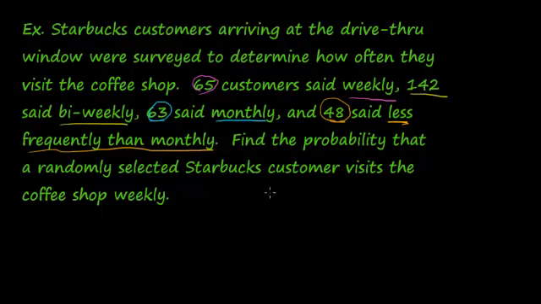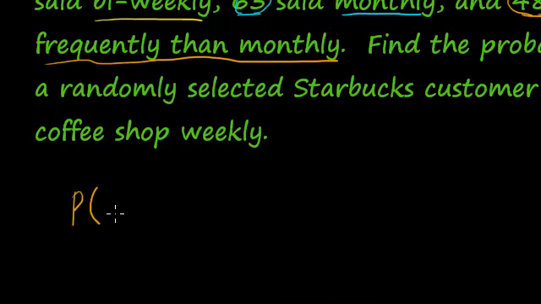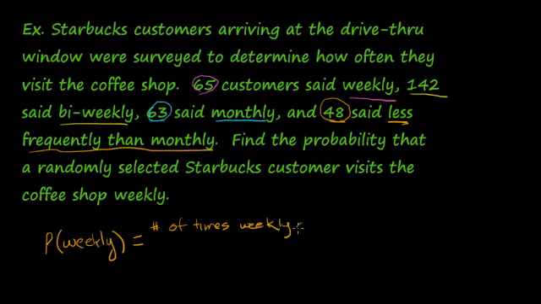Okay, find the probability that a randomly selected Starbucks customer visits the coffee shop weekly. So we would say that this is the probability of a weekly customer, and this would be the number of times weekly occurred, all over the number of times the procedure was repeated.